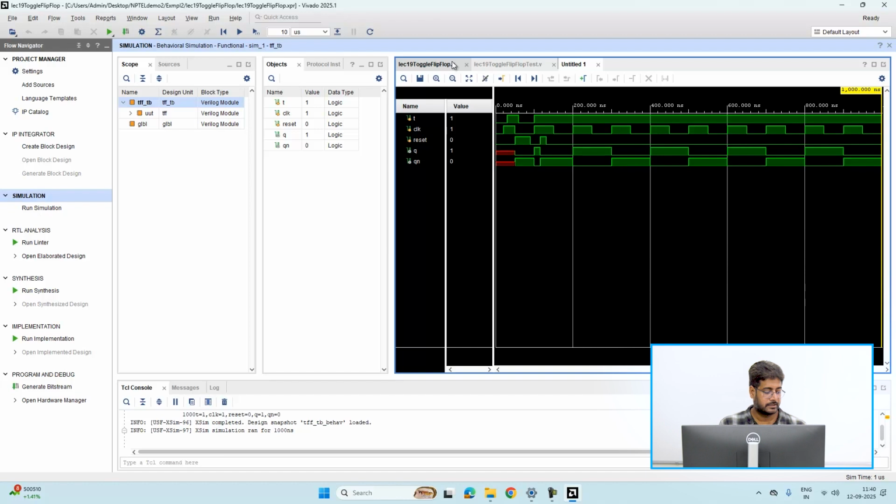Then we will move on to the next example, that is a counter, a mod 4 counter using instantiation of this toggle flip-flop.